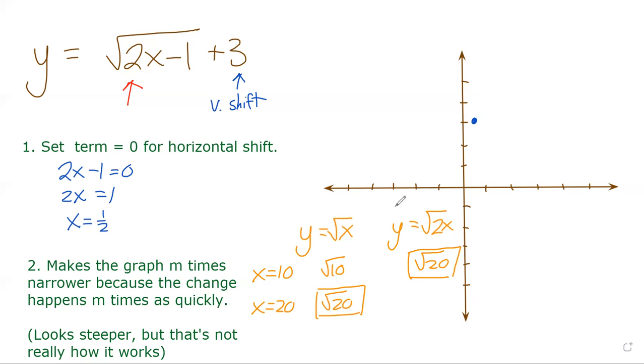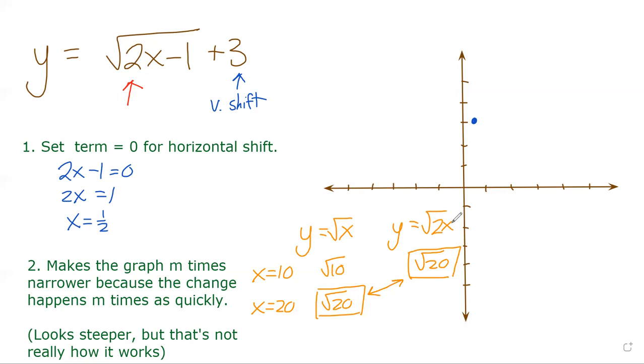But in this graph, to get that same amount of change from 0 to root 20, we only have to go from 0 to 10. That same amount of change happens twice as quickly in this graph. This should make sense. You can think of it that by the time we get to x equals 10, it's already acting like we're at x equals 20. We get the same amount of change in only half the space.